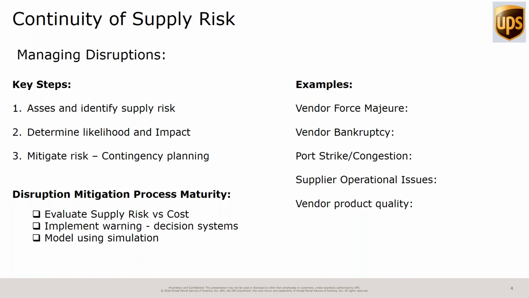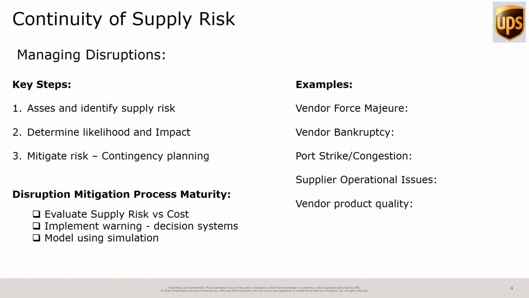And then from there, if you really want to understand how your supply chain is set up to deal with a disruption, then really creating a disruption in an artificial mode and simulating and modeling it so that you can understand what the impact would be if a disruption would hit your supply chain.